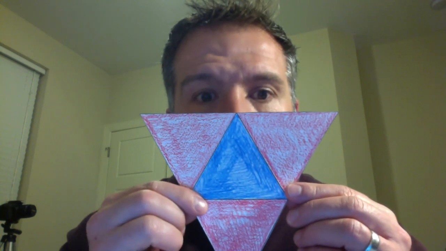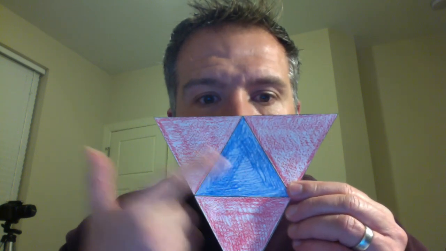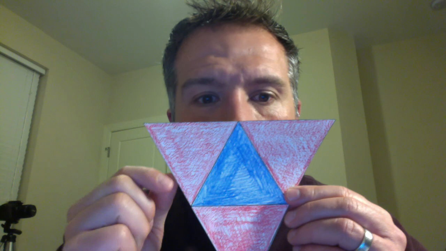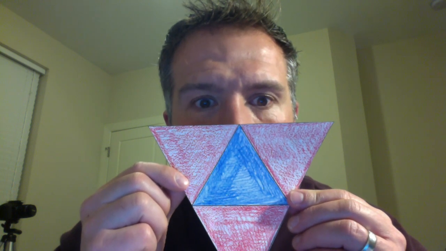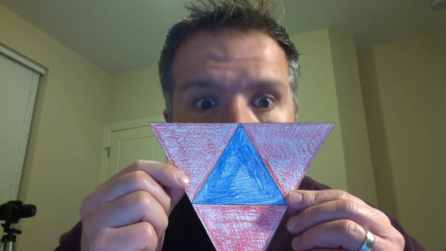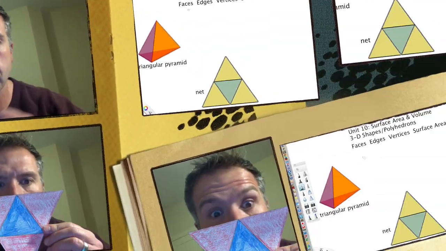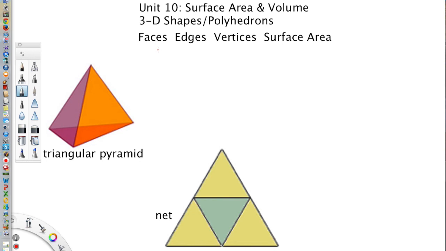And if we were to unfold this and flatten it out, this is what the net would look like. It would look just like this. We can see this is the base, and then here are the 3 sides that fold up to form a pyramid. Let's see if we can find the surface area of this net. Okay, boys and girls, we have a triangular pyramid.